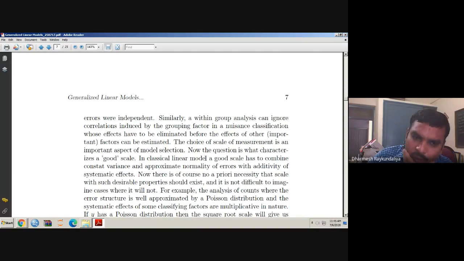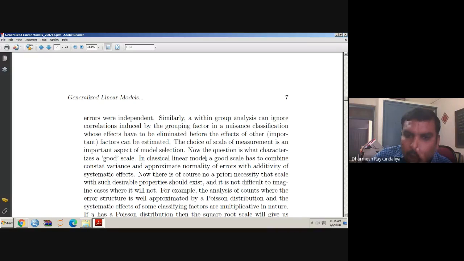So when we say a good scale, it has constant variance, which we call stabilization of the variance. There is not much variation in the information, and it has additivity of the systematic effects and satisfies the normality assumption.